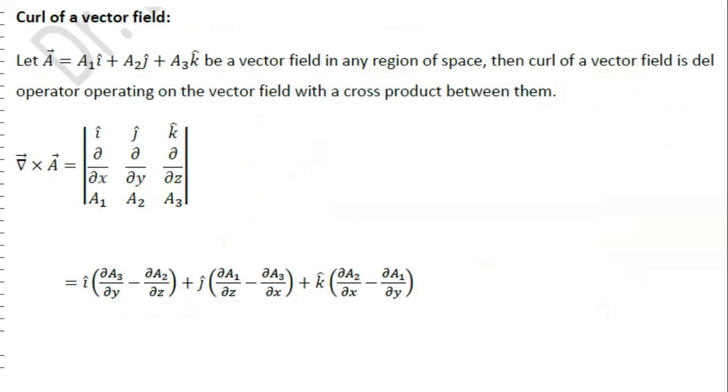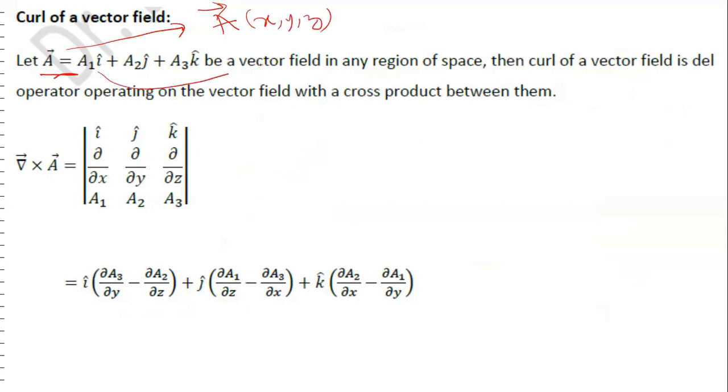So today we'll talk about curl of a vector field. A vector quantity which has a spatial dependence, which is not constant. Like A is a vector which is a function of x, y, and z.